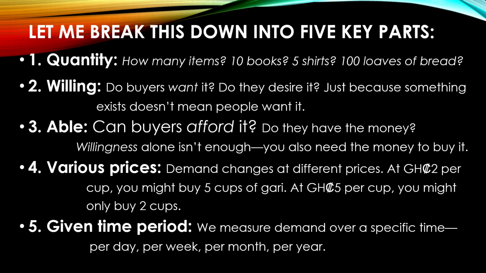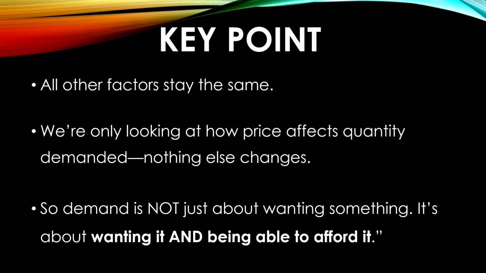And last but not least, the time period: we measure demand over a specific time, per day, per week, per month, per year. It's not just about wanting something. It's about wanting it and being able to afford it.